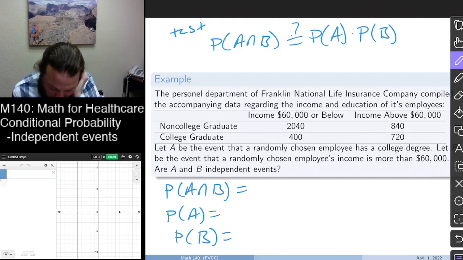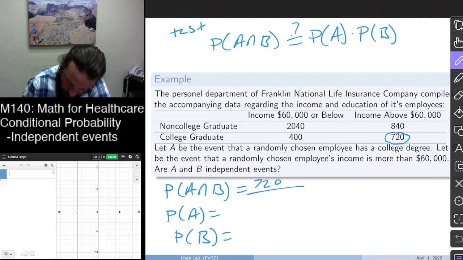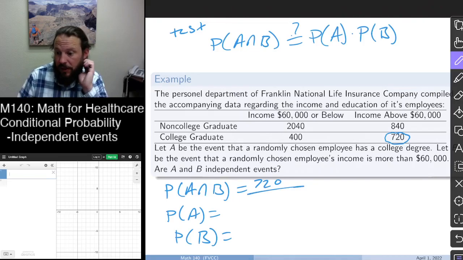All right. So the intersection, that's the probability that a randomly chosen employee has a college degree and the employee's income is more than $60,000 a year. All right. So there's 720. Intersection is 720 divided by, how many total students do we have here?